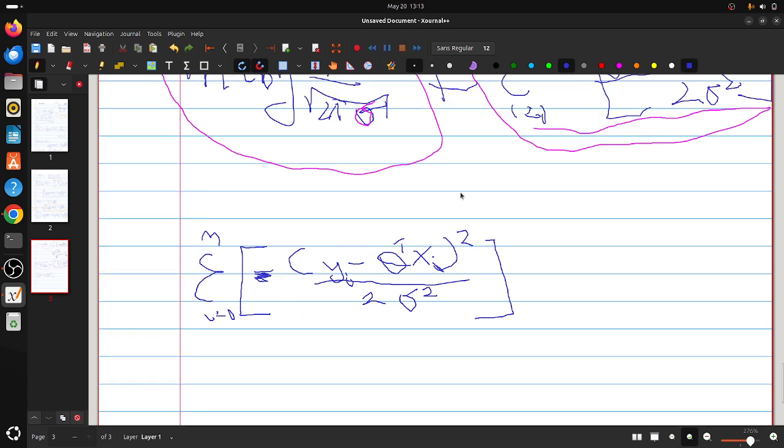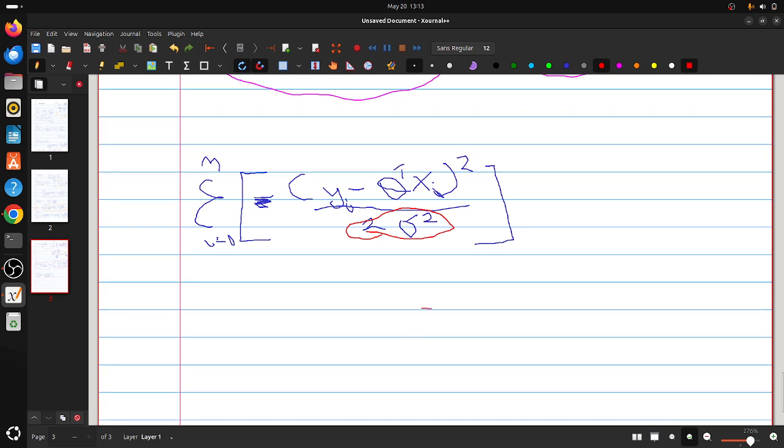If you look at these values, they have nothing to do with theta. So they are constants and can be pulled out. Therefore, we end up getting 1 over 2 times the summation from i equals 1 up to m, changing the sign from negative to positive in order to minimize the error.